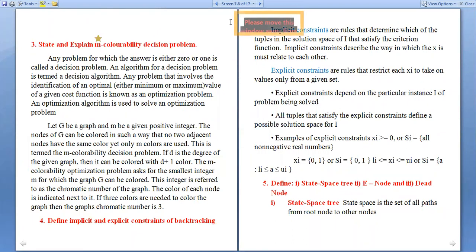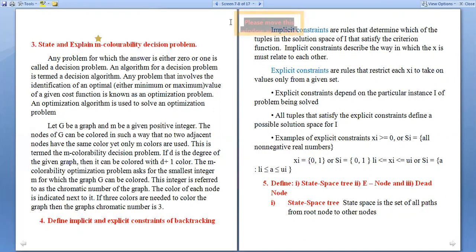Consider this one. Let G be a graph and M be a given positive integer. Generally in the graph coloring problem, a graph is given, that particular graph is named G, and some number of colors are given. We have to use those colors and assign them to the nodes. Suppose M is the positive integer that indicates the number of colors.